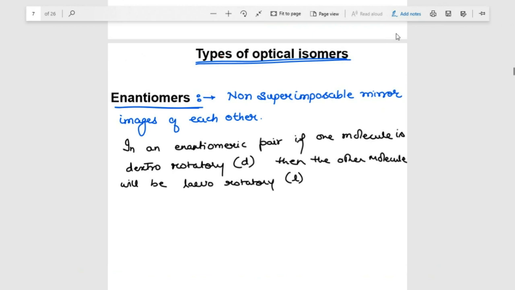In an enantiomeric pair, if one molecule is dextrorotatory, then the other molecule will be levorotatory. That is a rule. Okay.